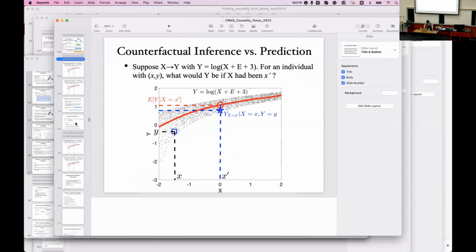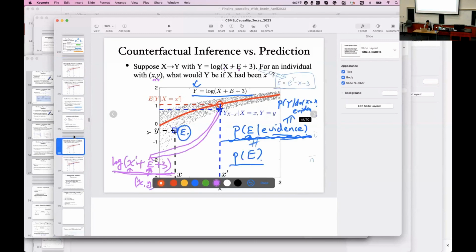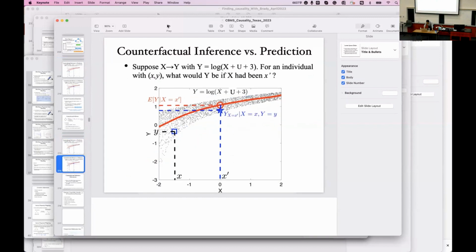Okay, to save time, let's just go. Let me just draw it on my iPad.